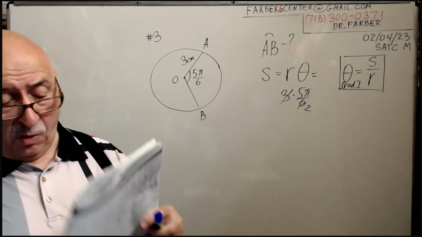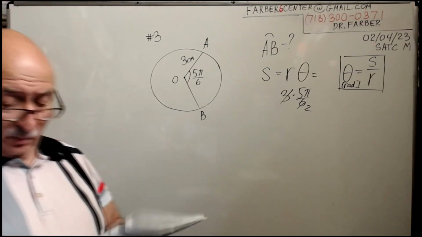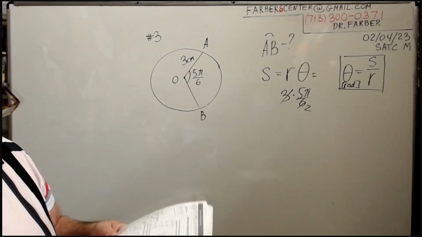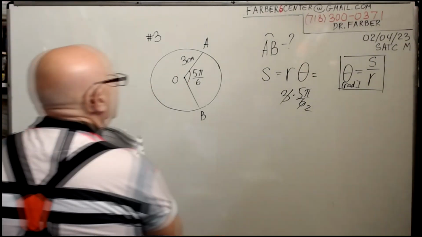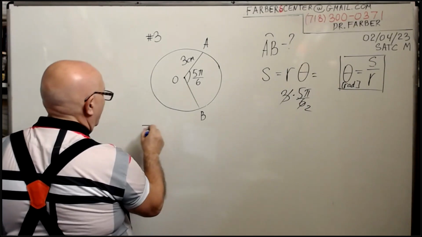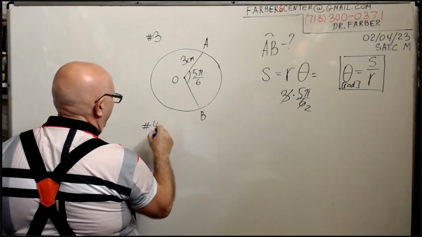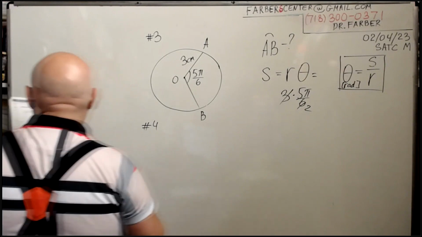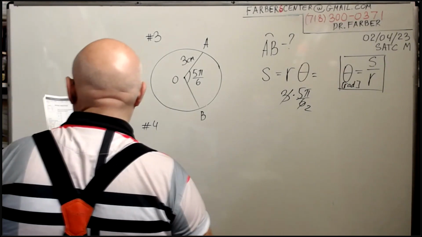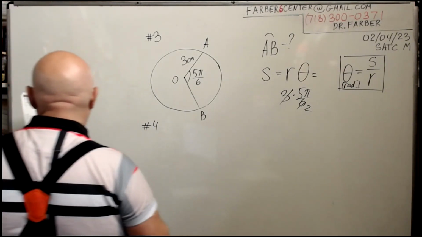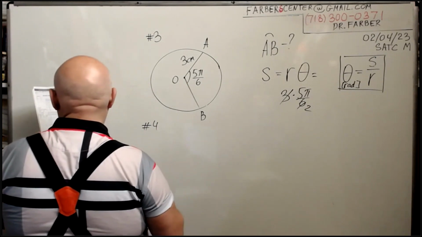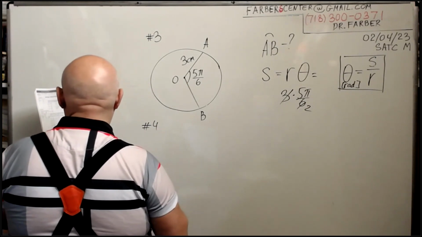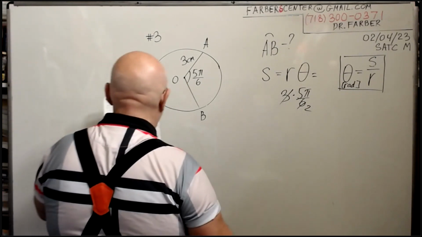Number 4. In number 4, what the length of my, that's number 3. Which of the following angles have the same trigonometric values as 450 degrees?